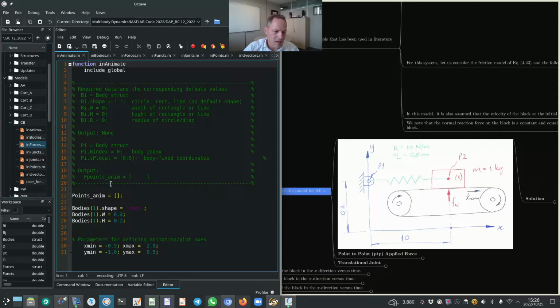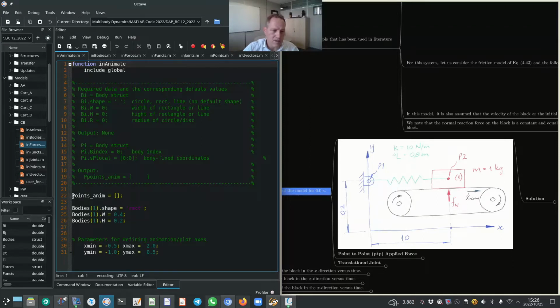In Animate we've been discussing the inanimate file in all our previous examples. This specific inanimate input file is not really very complex.